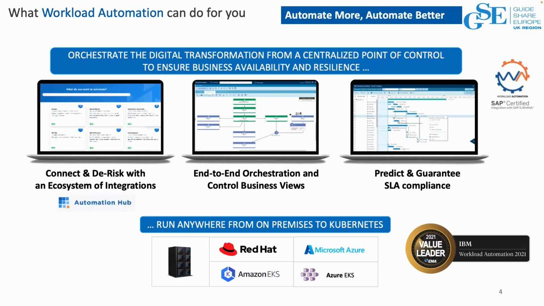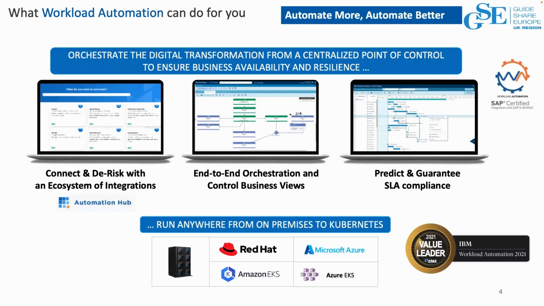Moreover, we provide features in our product to ensure that you can provide to your customers an SLA compliance. So basically, we allow you to define the SLAs of your critical endpoints through the critical job definitions. We allow prediction on that through our planning and through our critical path management.